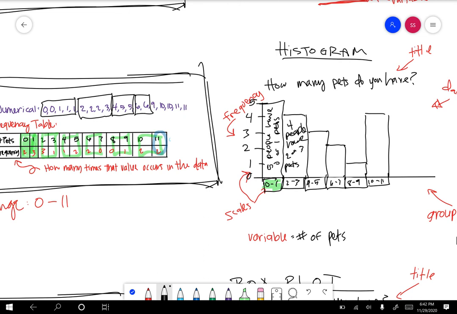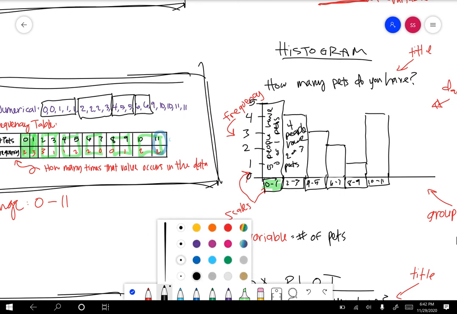So again, histograms, like dot plots, are good visual representations of frequency, right? We can look at this histogram and we know we're talking about the number of pets people have.